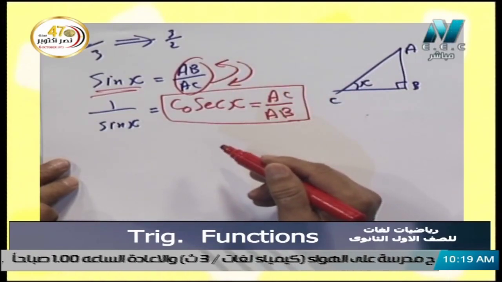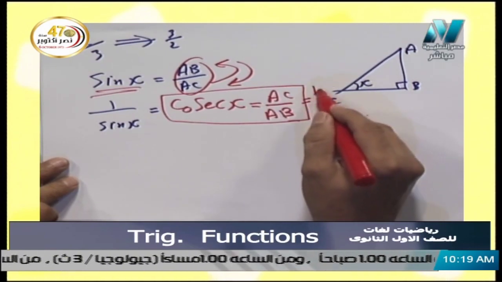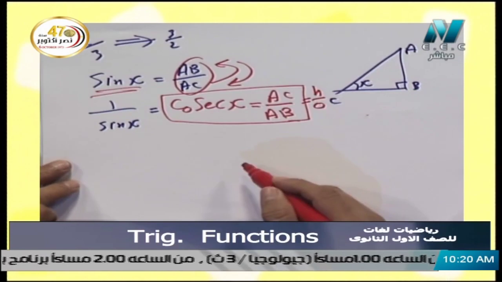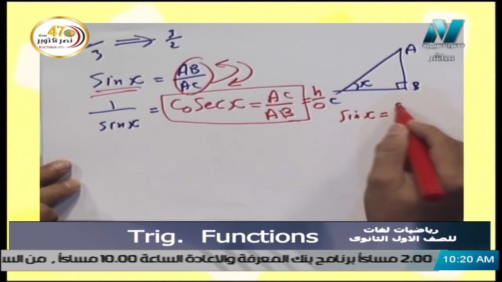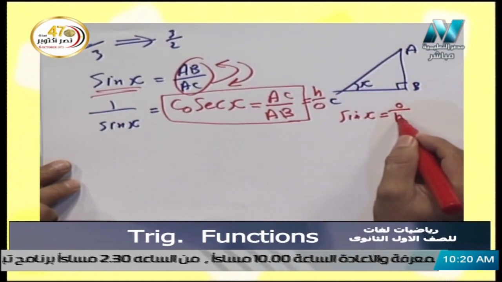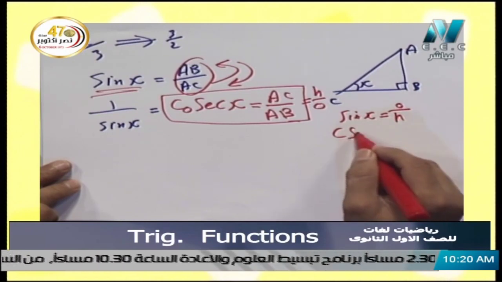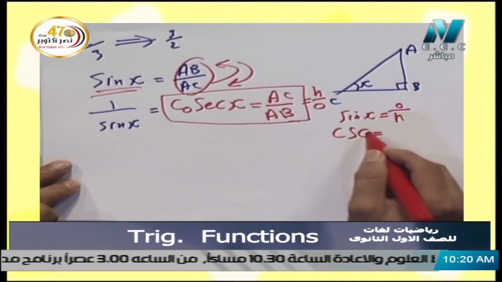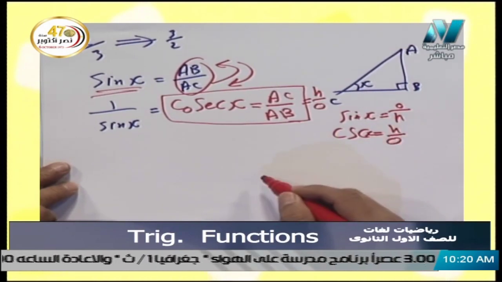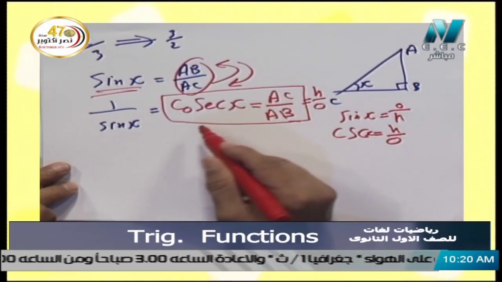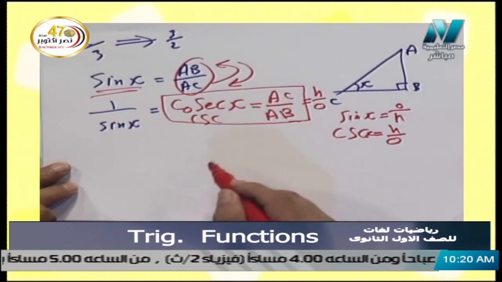So it equals AC over AB, which is hypotenuse over opposite. Okay, we know that sine of an angle equals opposite over hypotenuse, but cosec, we can call it CSC, will be hypotenuse over opposite. So now we have the cosec function, which we can call CSC.